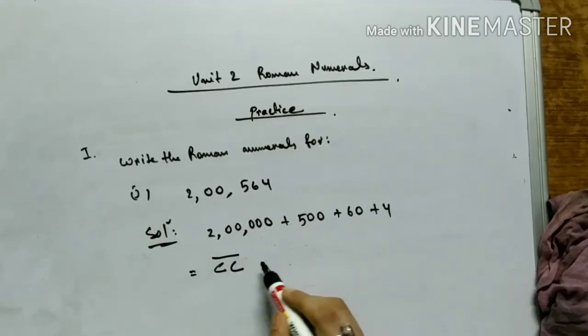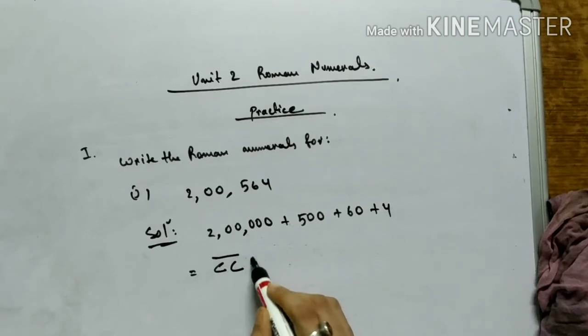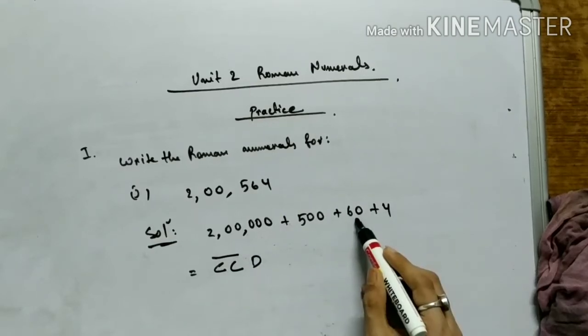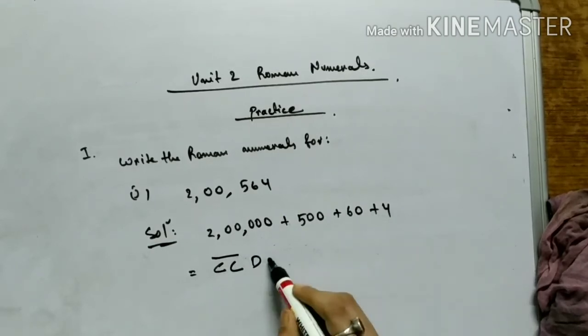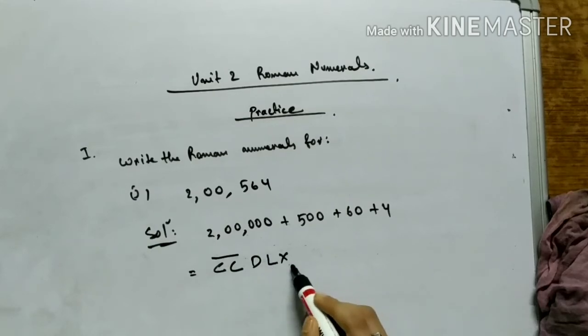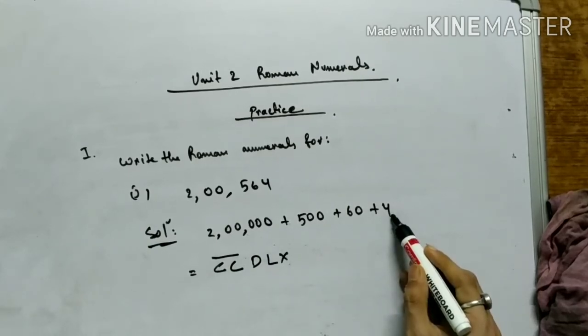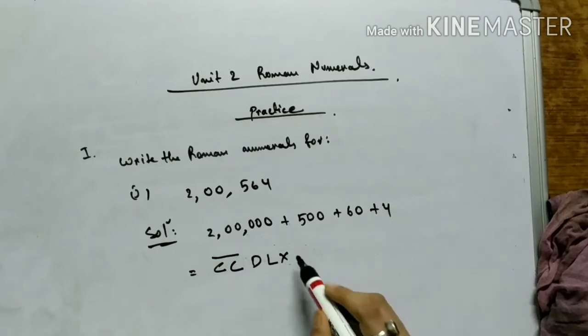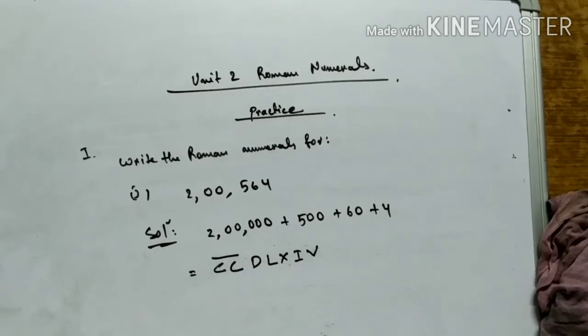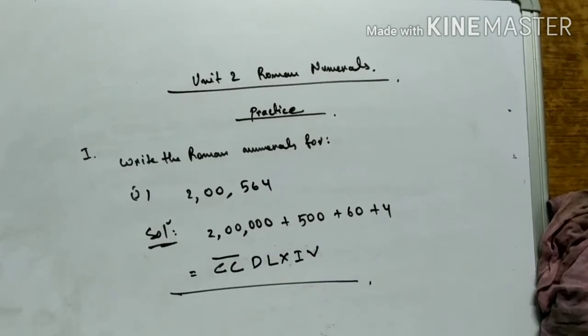This is 500, the symbol is D. This is 60, 60 means 50 plus 10, that means LX. And this is 4, 4 means 5 minus 1, IV. So CC bar DLXIV. This is your answer.